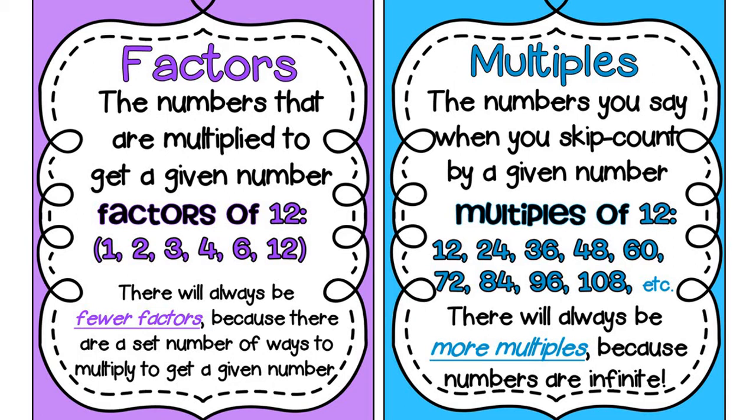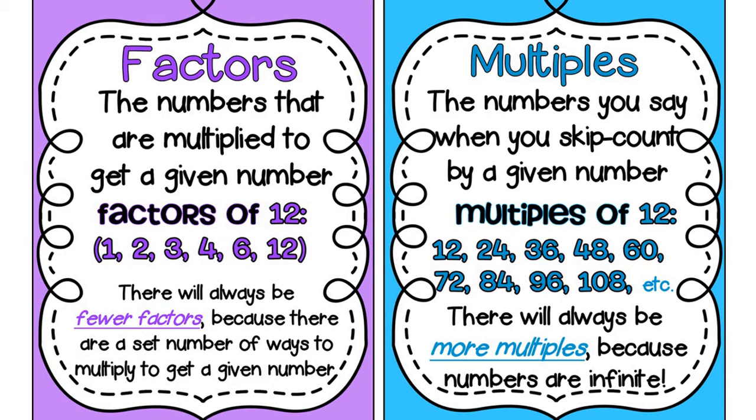So all these numbers we call factors of 12, because if you multiply them with another number, you will have the answer 12. There will always be fewer factors because there are a set number of ways to multiply to get a given number.